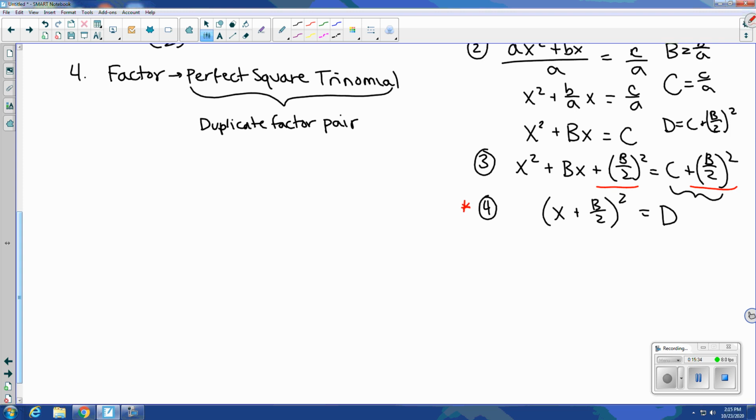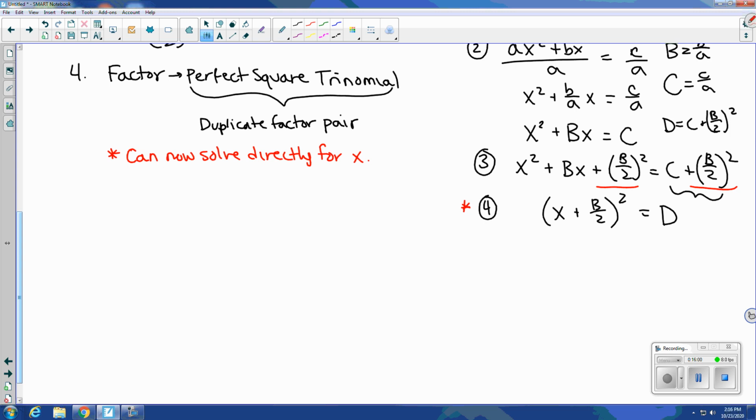What that factorization step did is it allows us to now solve directly for x. And this is why we discussed the square root property before. Okay, so there's no more linear term. I can solve directly for x.